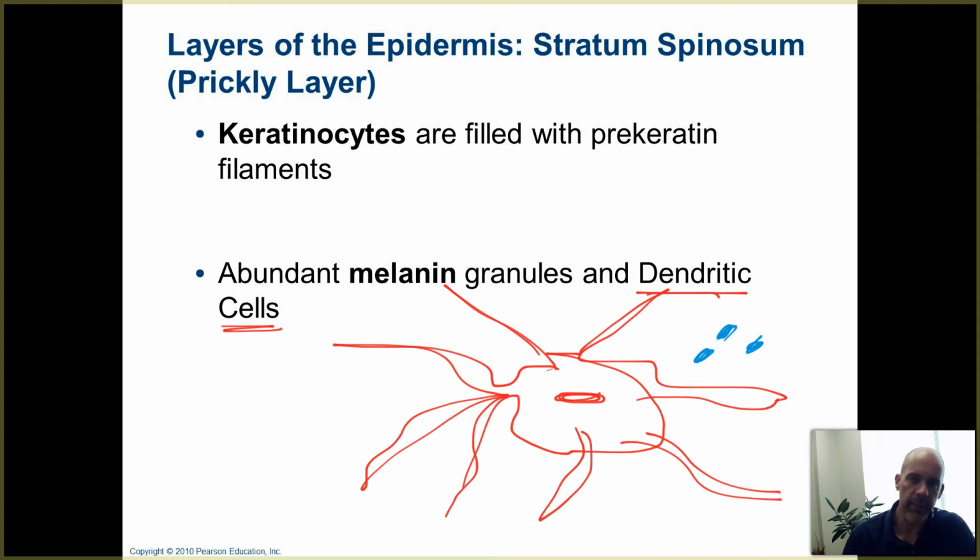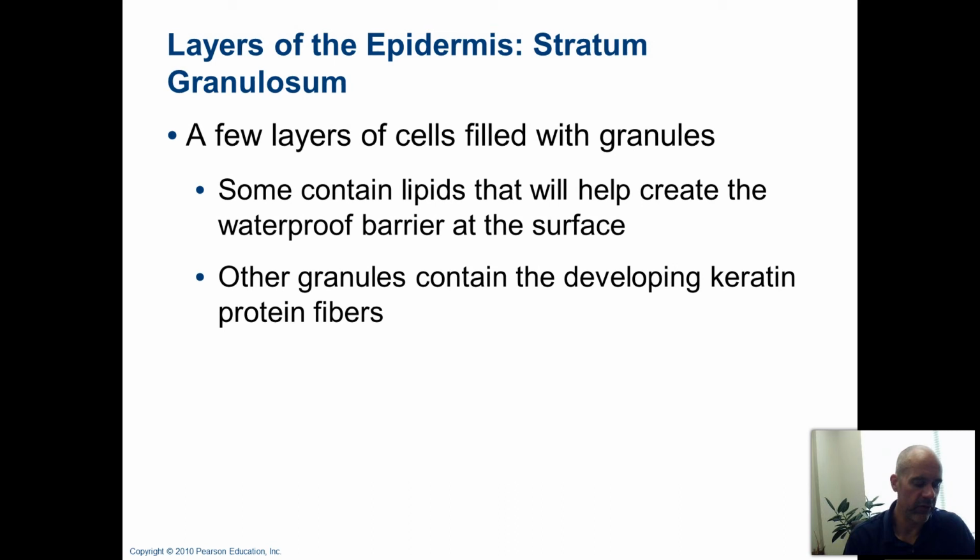All those little spidery appendages they have extending throughout much of the stratum spinosum, they're really good at capturing bacteria and other viruses, other things you get exposed to. And then they do phagocytosis, if you remember that. They internalize and digest those poor little creatures that are trying to invade your body from the surface.